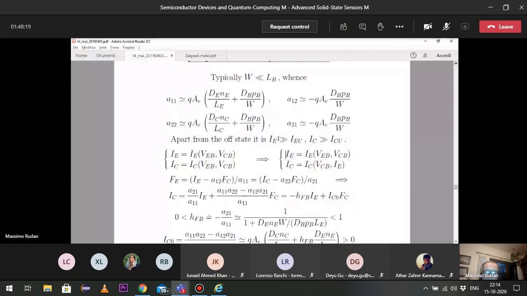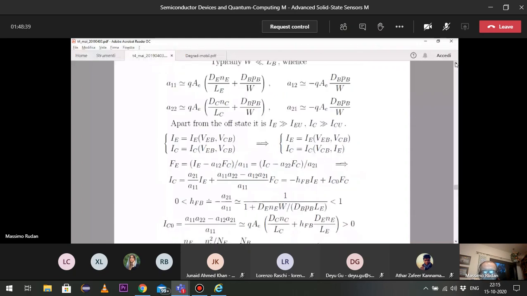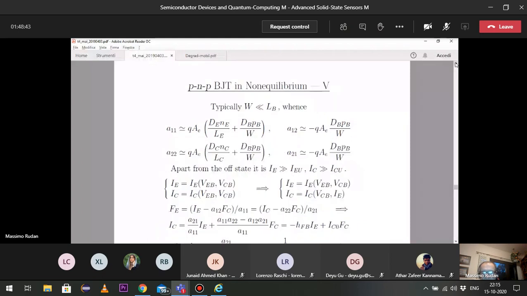And this also applies with some modifications to the inverse behavior or polarization of the device. So we came to the explanation about why the dopant of the emitter must be larger than that of the base. Now we must explain why the dopant of the base must be larger than that of the collector, okay?